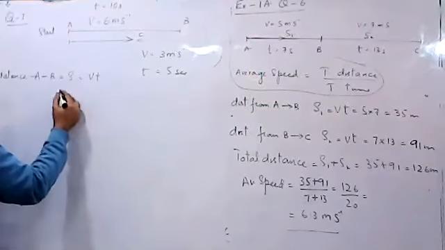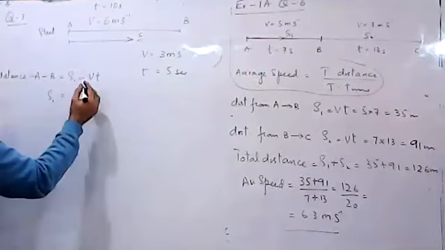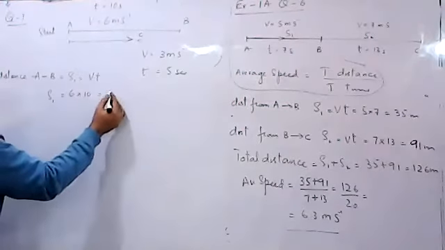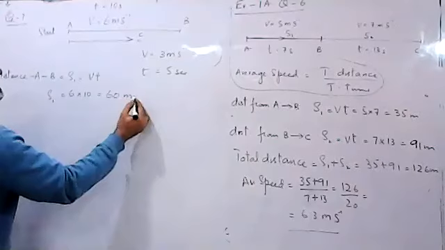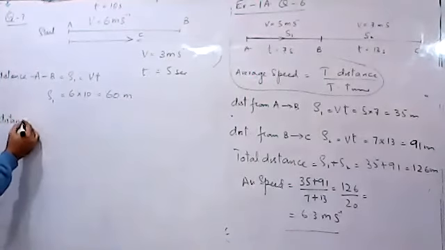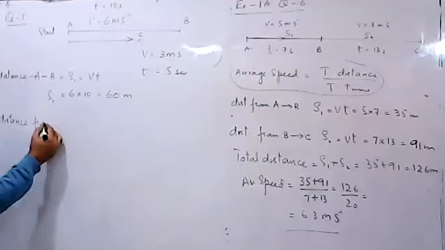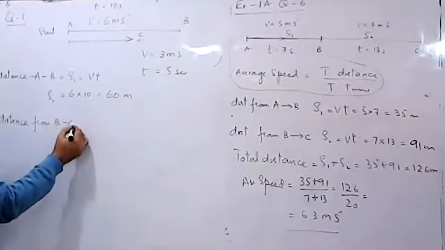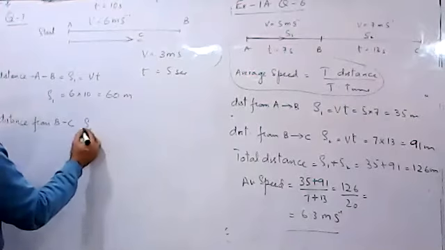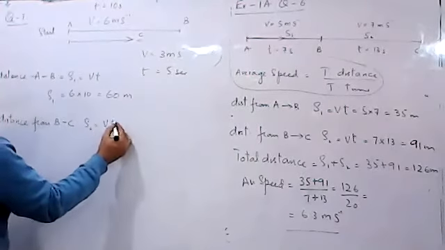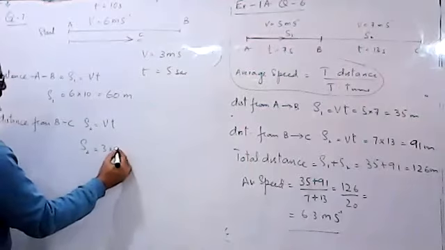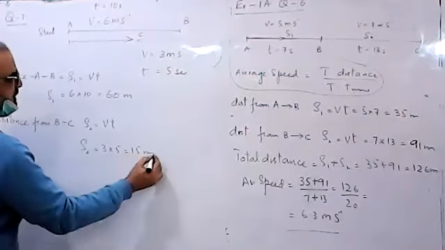It gives me S1 is equal to, speed is 6 and time is 10, it is 60 meter. Similarly, distance from B to C in the reverse direction will be S2. So I have S2 is equal to speed of 3 and time is 5, that is 15 meter.